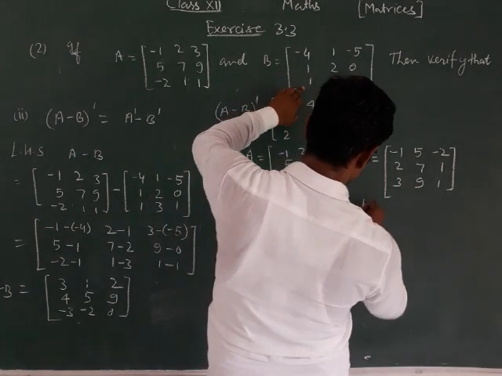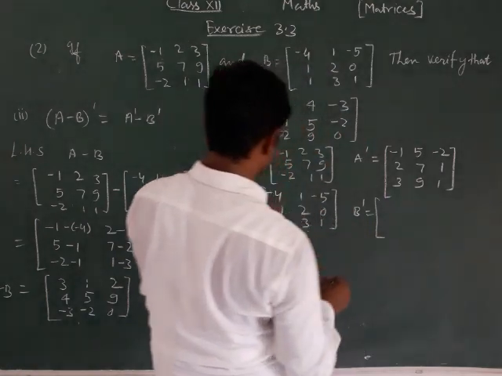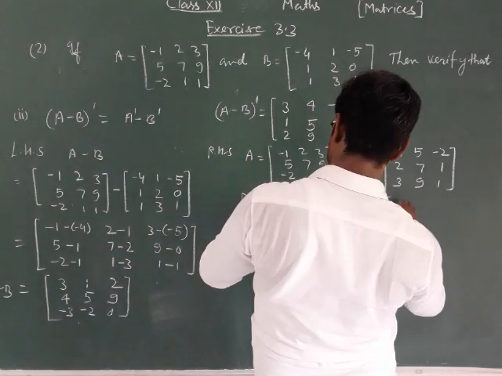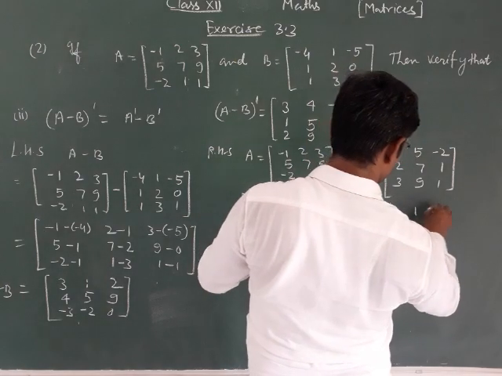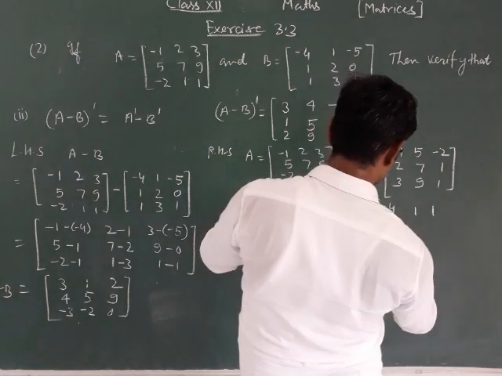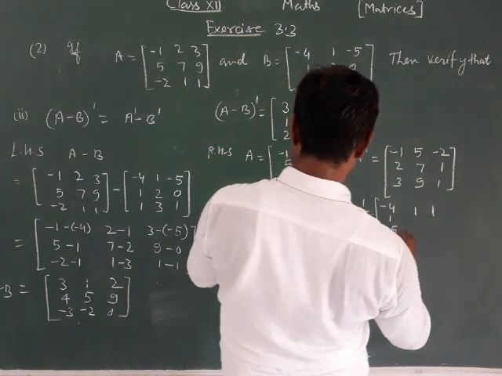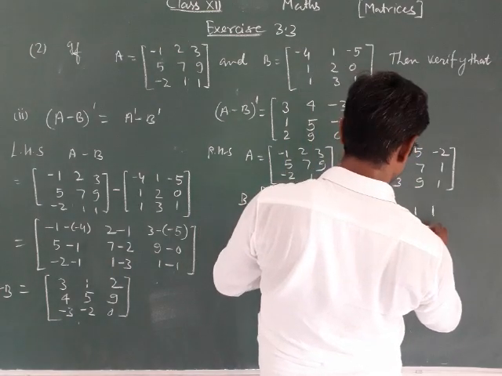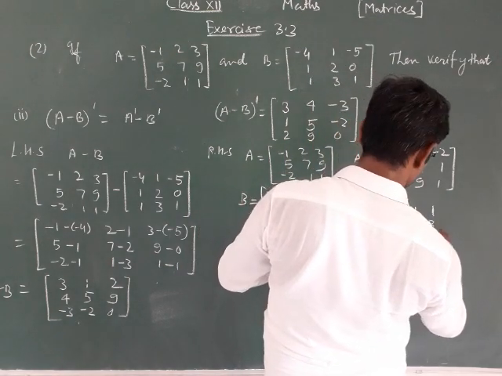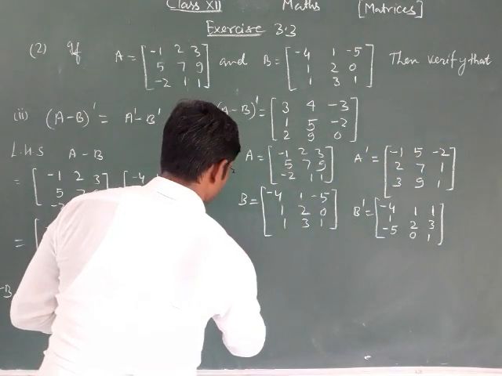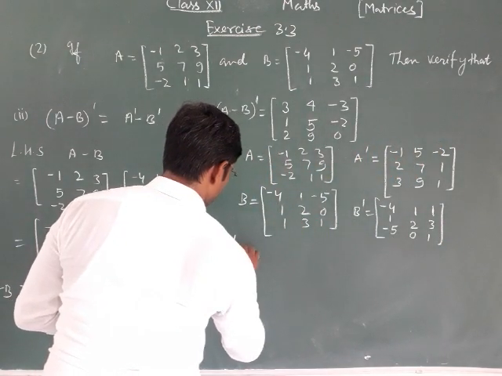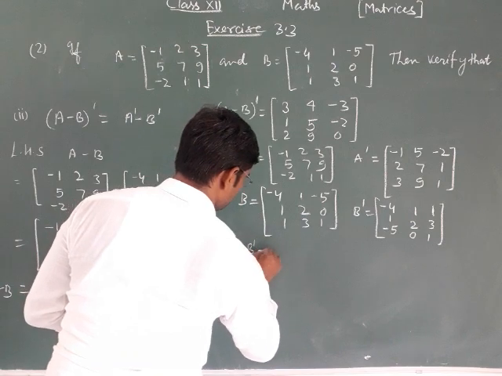So this is B dash. Now change row to column, minus 4 and 1 1 1, 1 and 1 minus 5 and 2 3 0 1.